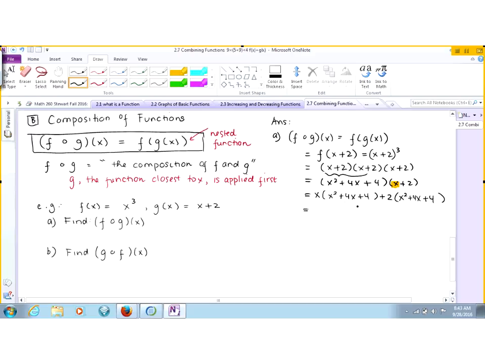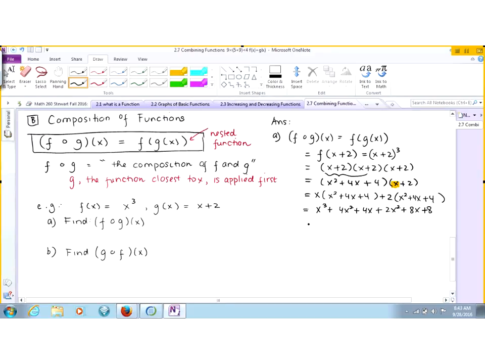You can use special product if you remember. So what would this be? x cubed plus 4x squared plus 4x plus 2x squared plus 8x plus 8.